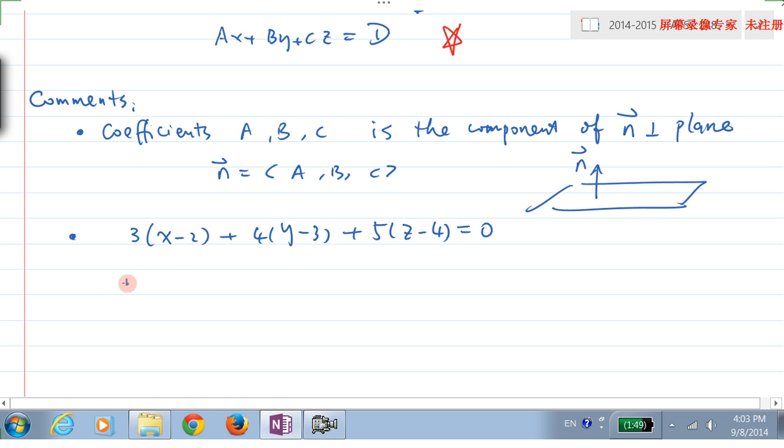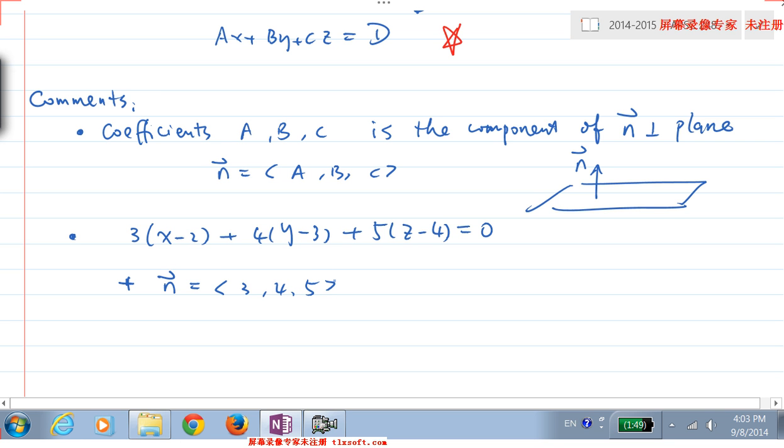Number one, what do we get from the first piece of information? We get a vector, and that vector is (3, 4, 5).